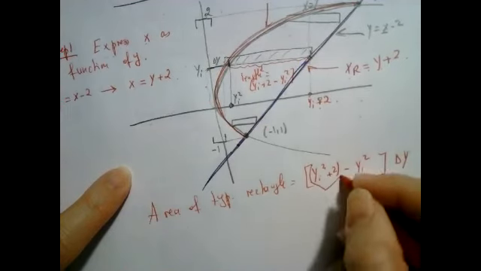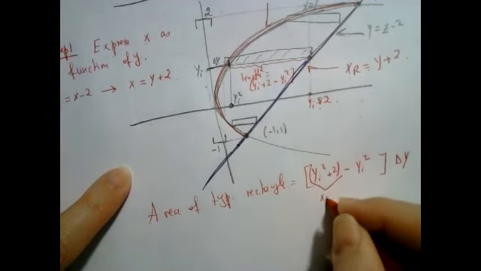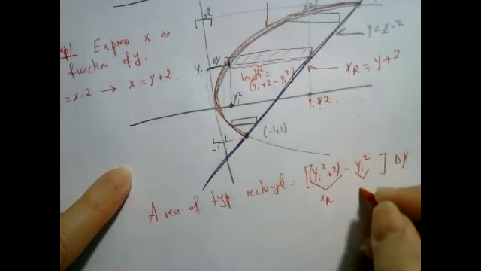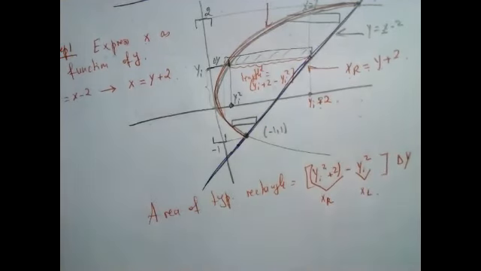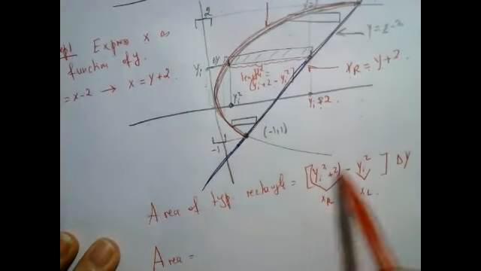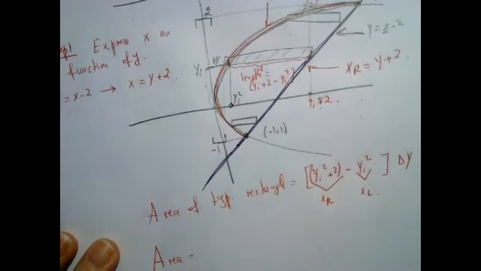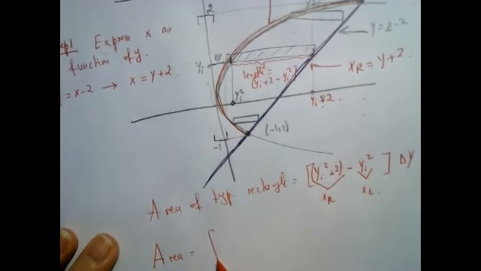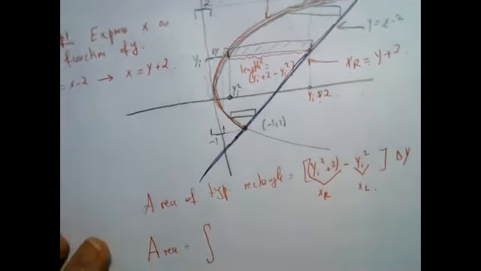So that's the right and that's the left. And now the total area. The total area is obtained by adding those areas, and this will give me the following Riemann sum, the following integral.